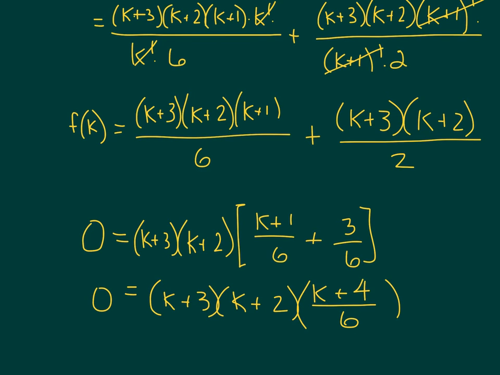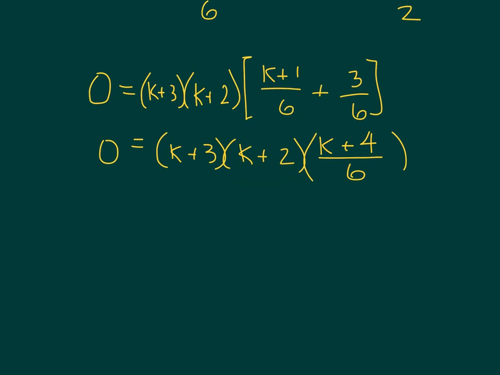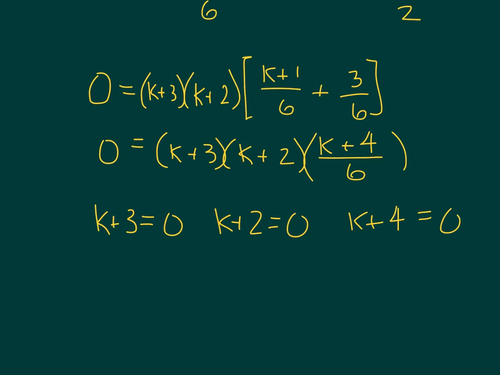And what I can say is that either one of these factors has got to be 0. So k plus 3 would be 0, or k plus 2 would be 0, or k plus 4 over 6 would be 0, meaning k plus 4 is 0, which means k is going to be negative 3, or k is going to be negative 2, or k is going to be negative 4.